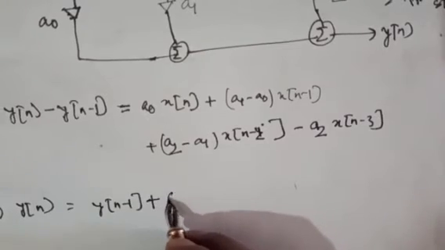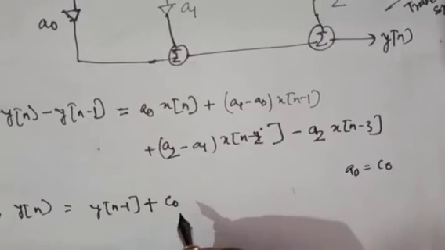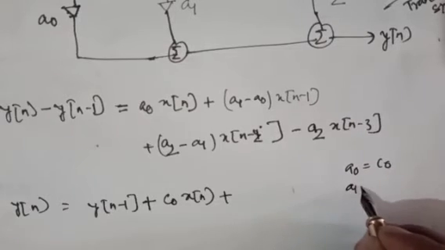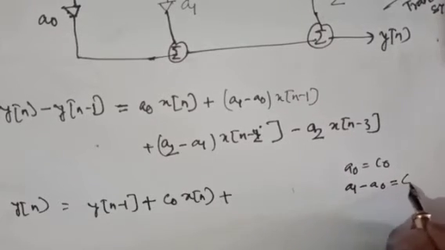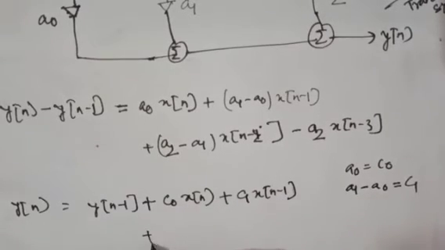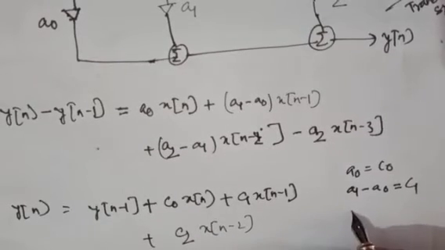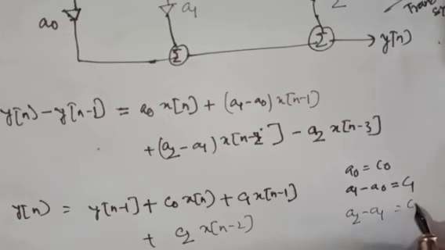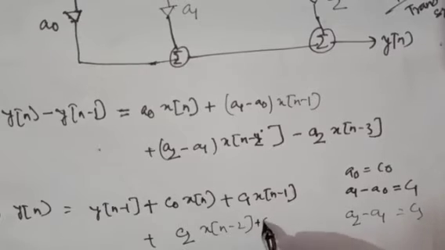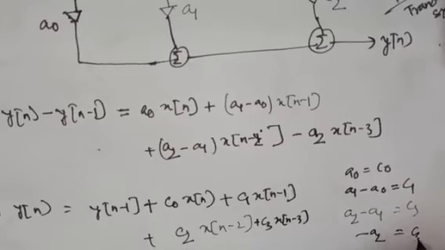So a0 is equal to c0, so c0 x of n, then a1 minus a0 is equal to c1, so c1 x of n minus 1, then plus c2 x of n minus 2, where a2 minus a1 is c2, and then c3 x of n minus 3, where minus a2 is your c3.